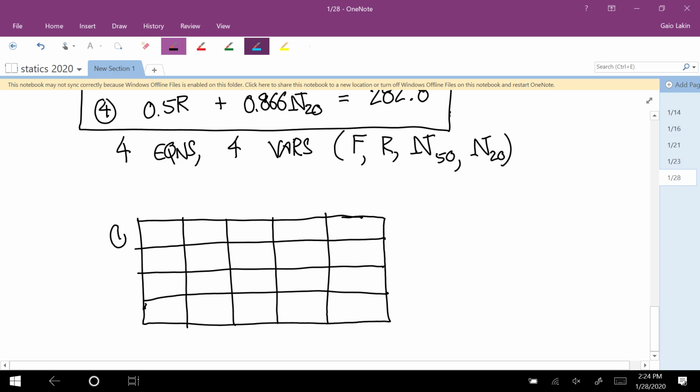So these are equations 1, 2, 3, and 4. And the variables I'm going to do in the order F, R, N50, N20, and the constant.